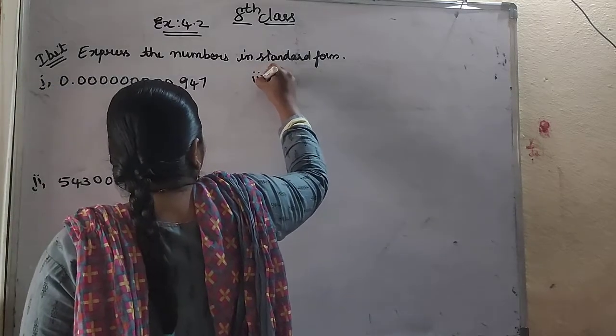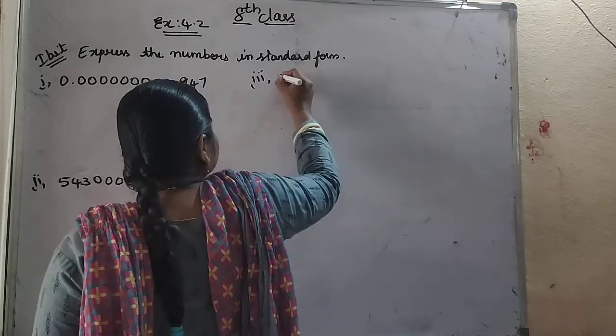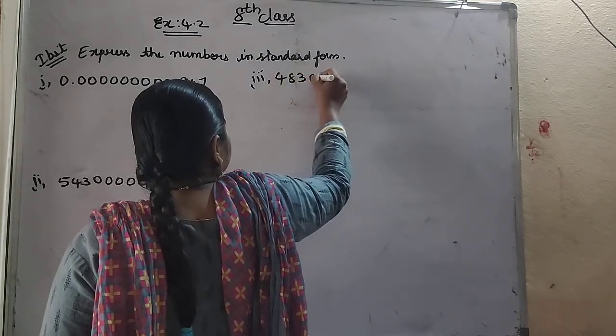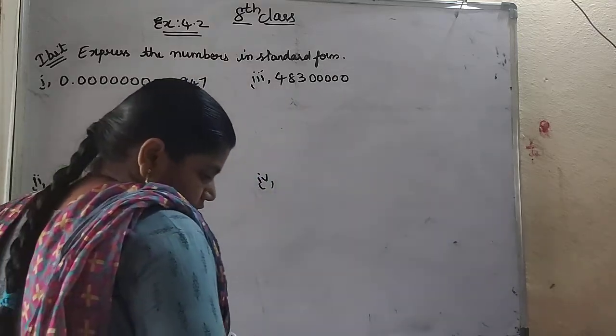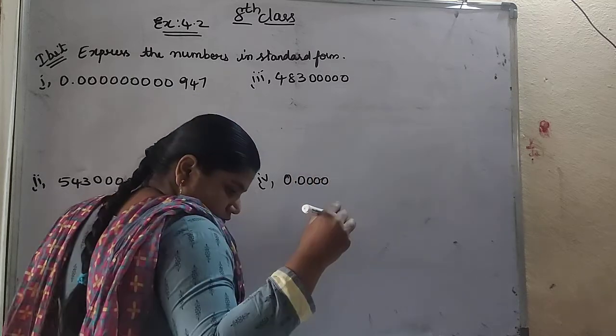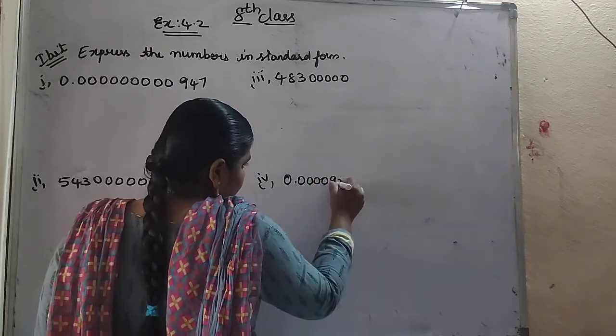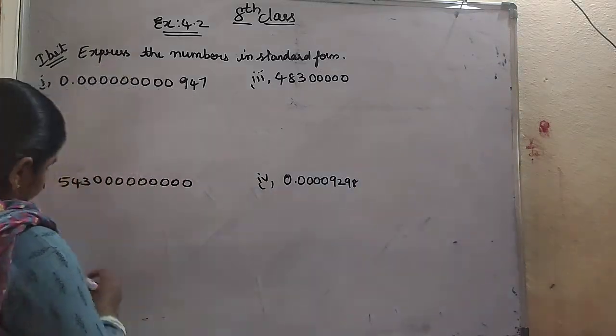And third one, 5 zeros. This is also a bigger number. This is a smaller number because you are seeing a point.